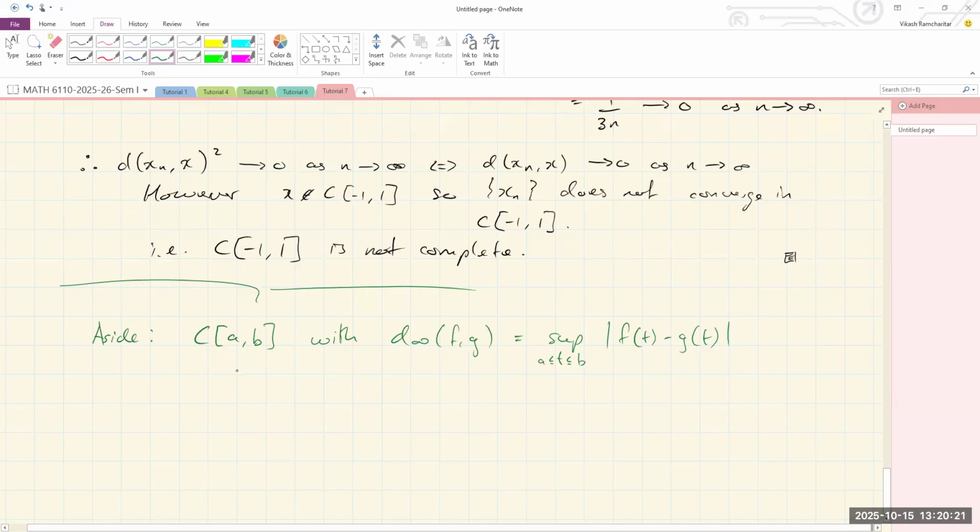Of course, since these functions are continuous and a closed bounded interval ab is compact, this supremum we could say is the maximum, but it will give the same value. So supremum, maximum, same thing. Is complete. So this space with this metric is complete, is a complete metric space. Right? So if we change the metric, but keep the space the same, what we saw here is that there's no guarantee the completeness will remain.